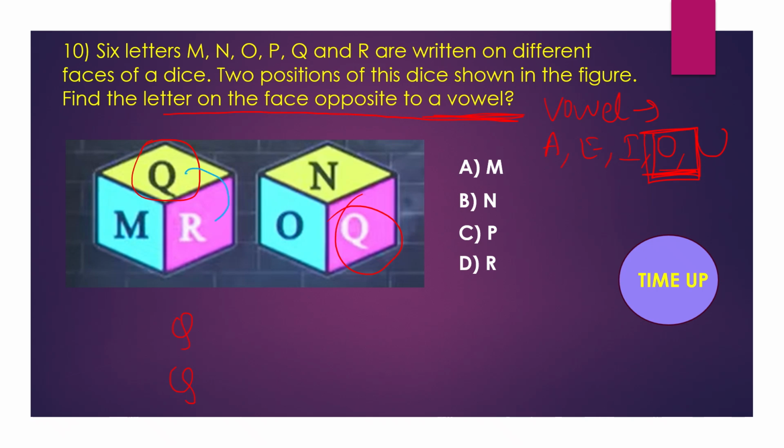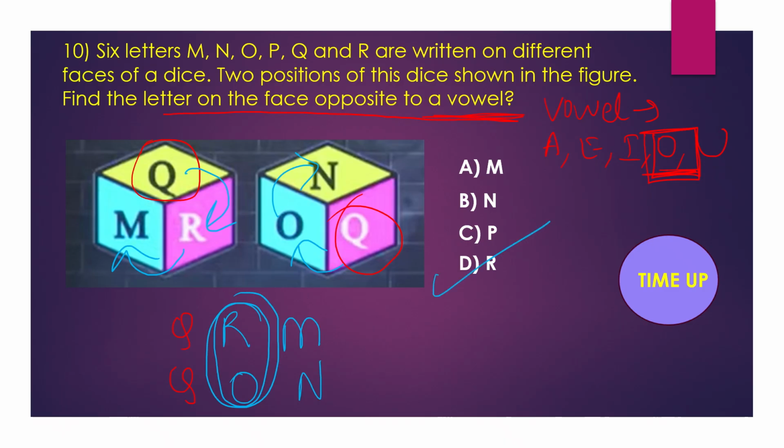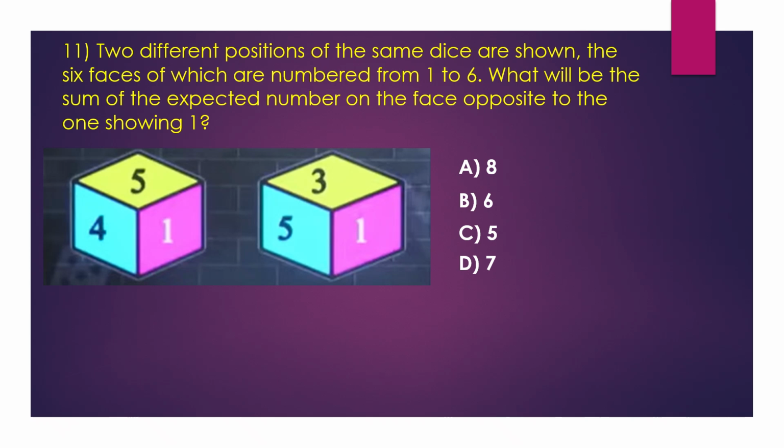From Q clockwise, it is R. Then again clockwise, it will be M. Then here is Q. From Q going clockwise, you'll get O, and then again clockwise, you'll get N. So what we want is the face opposite to O because it is the vowel present here. So what is the opposite of O? R. Correct? So R is the correct option. 11th one, and your timer starts now.